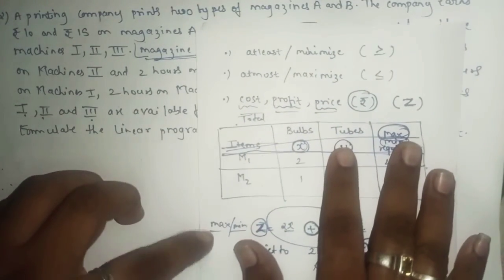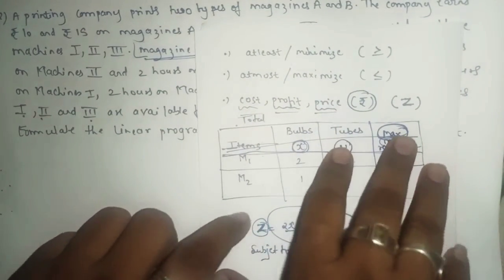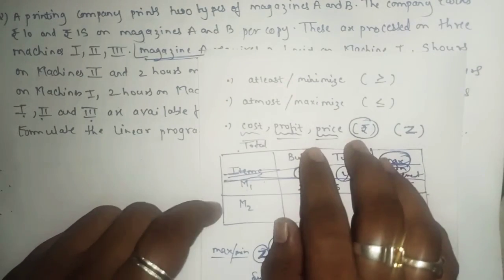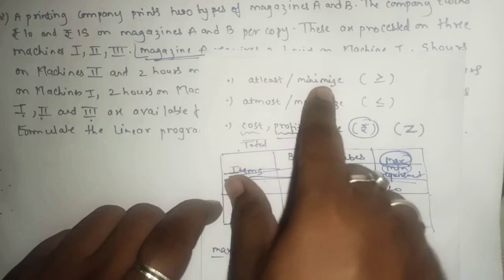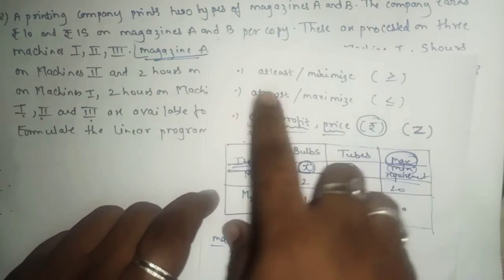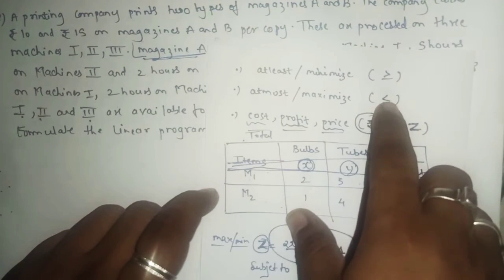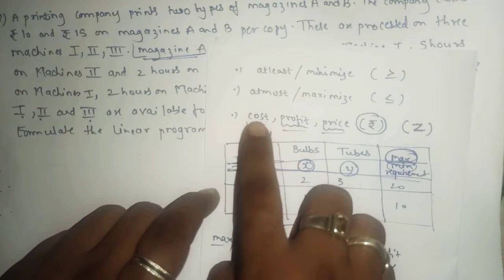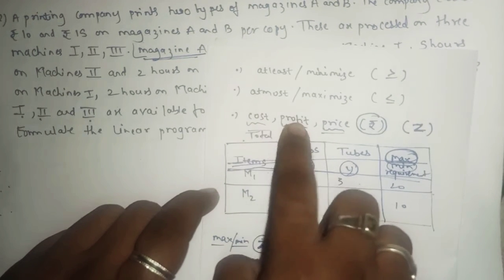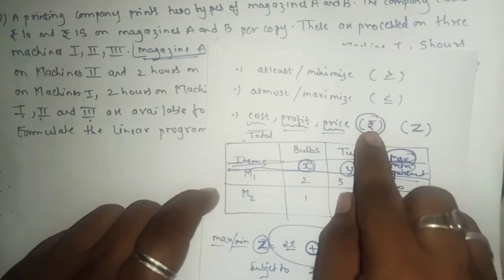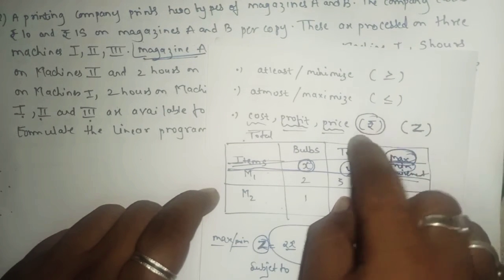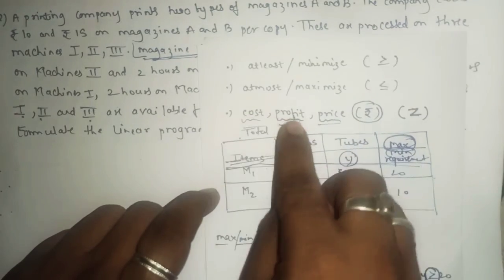As your first exercise is based on word problems, you must know the meaning of some words like at least and minimize mean greater than or equal to, at most and maximize mean less than or equal to, and the unit for cost, profit and price will be rupees. Sometimes in the question they will not mention the unit rupees, and the unit rupees will be replaced by the word cost, profit and price.